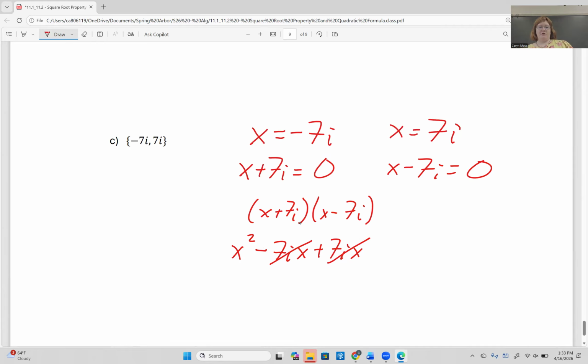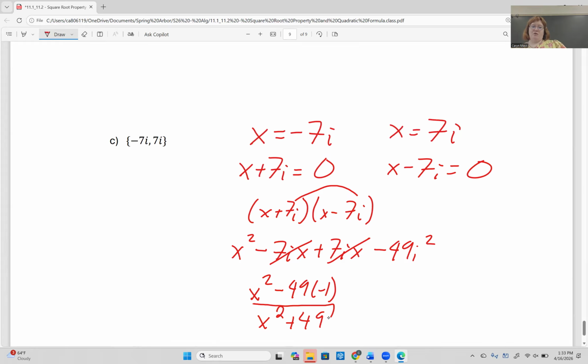These will go away. And then the last multiplication, 7i times -7i, is -49i squared. I squared is -1. So I have x squared minus 49 times -1, which is plus 49. So this was the problem I started with to say my solutions were -7i and positive 7i.